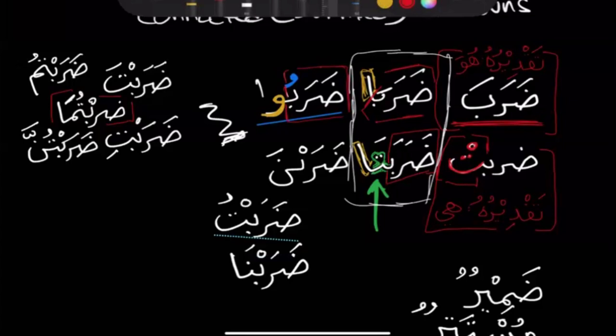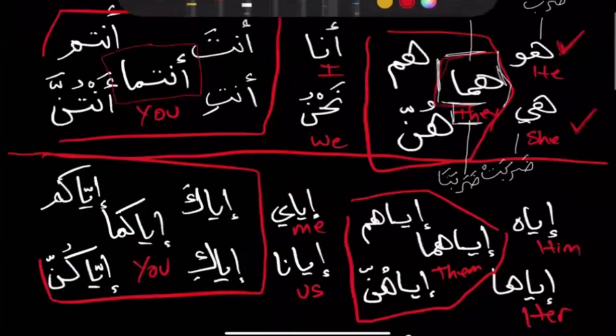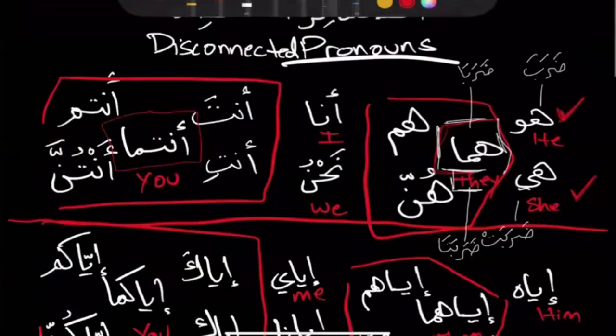So you say darabu instead of darabaw. If you keep the fatha there, you're going to say darabaw. Those old Arabs preferred to put a more appropriate vowel there. So they said darabu. And the wow is the pronoun.